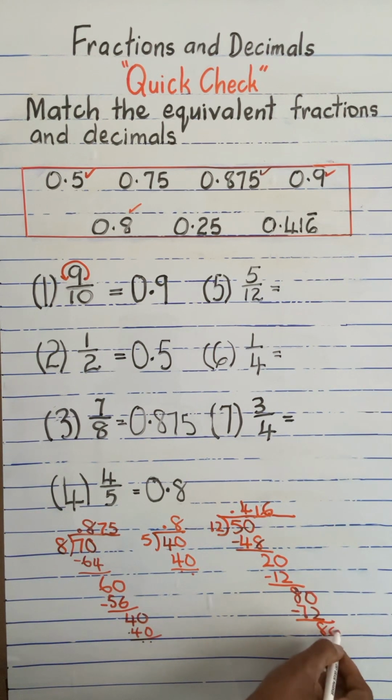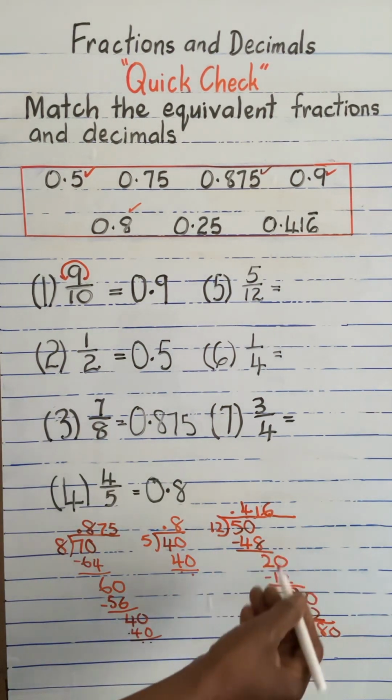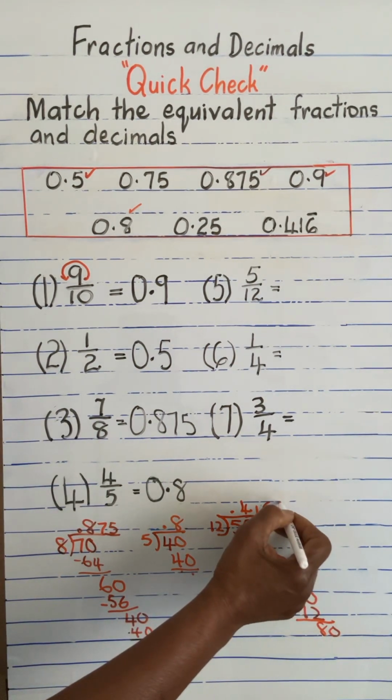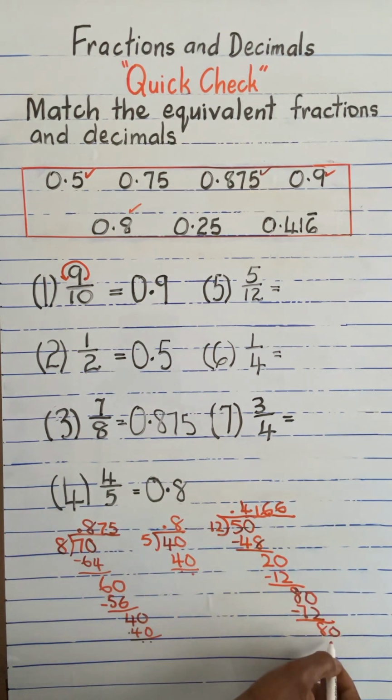We add a 0. How many times can 12 go into 80? And we know that is 6 times. Multiply, we get 72. Subtract, and we get 8. Add another 0.